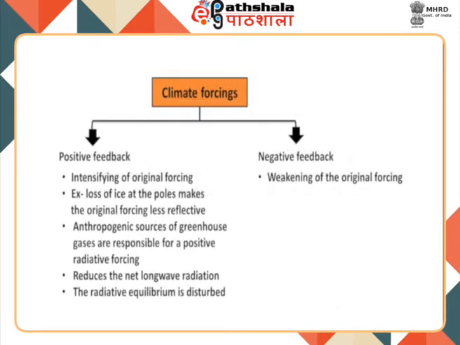This can give either a positive or negative feedback. Positive feedback is the intensifying of the original forcing, and negative feedback is the weakening of the original forcing. This can be explained as loss of ice at the poles, which makes the surface less reflective, which is an example of positive feedback.